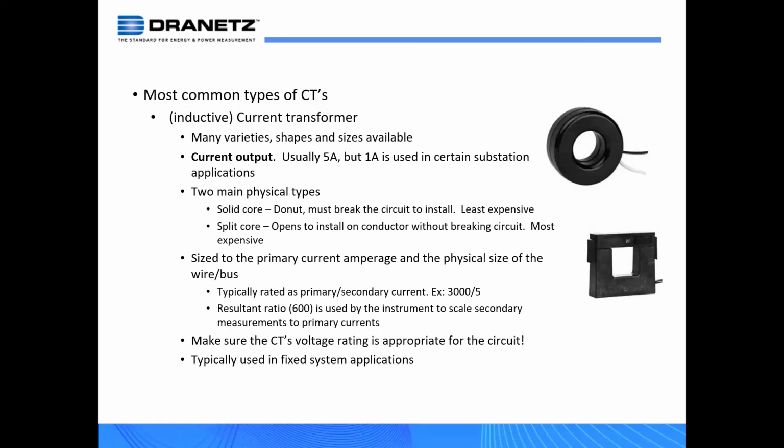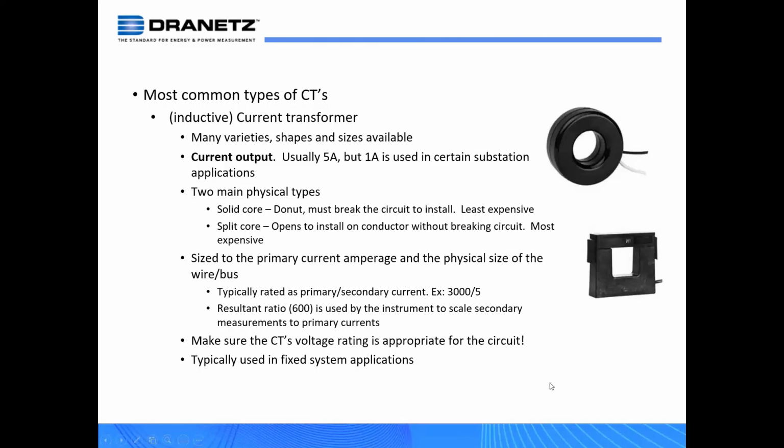Again, because you have imbalances, you're assuming that the current flow in all your conductors is the same. If they were, theoretically, you could get away with that, but in the real world, they're not. So the best way to get the most accurate is to make sure you have your probes go around all the conductors per phase.